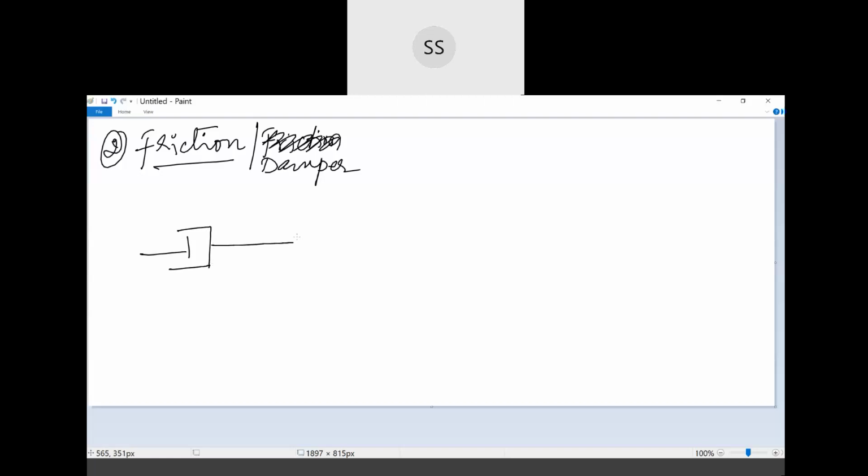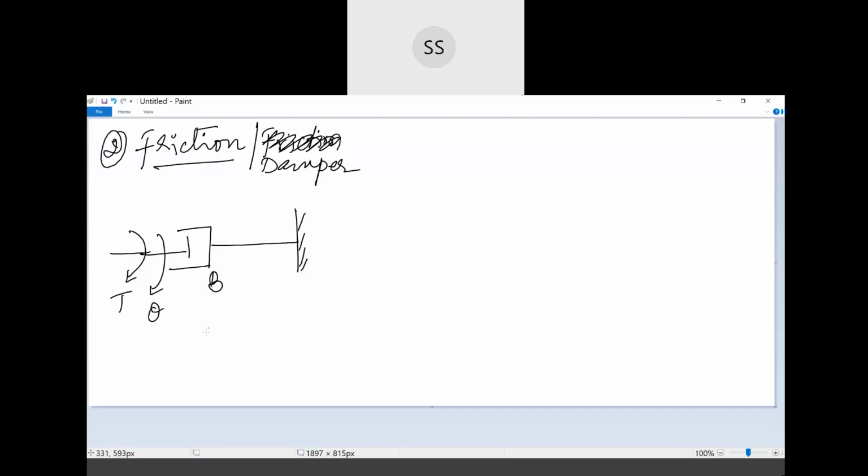Assume that at one end it is tied up, it is connected to the reference, and here we have applied the torque T, and because of this there is theta. Theta is nothing but angular displacement experienced by that moment of inertia, that is J element. Okay. So this is B, that is friction associated with it. Okay.